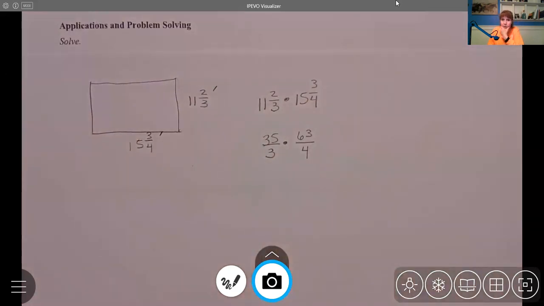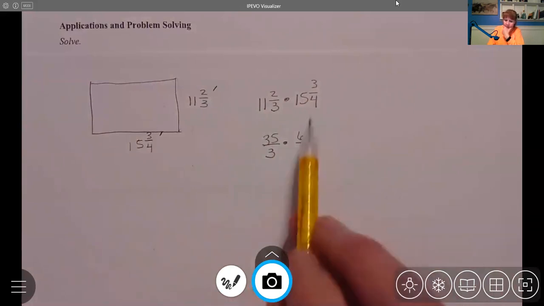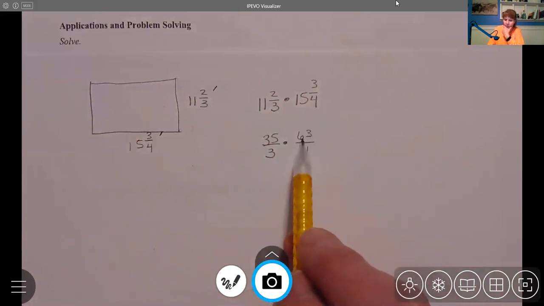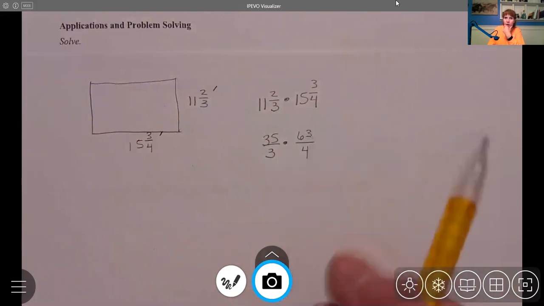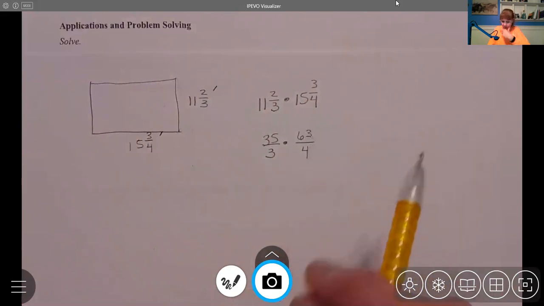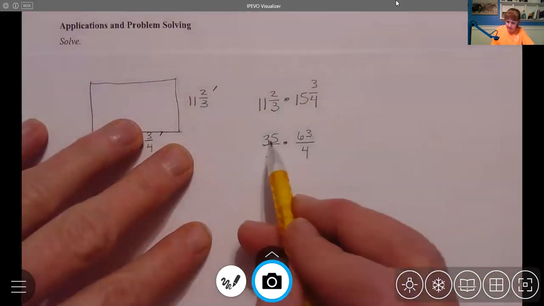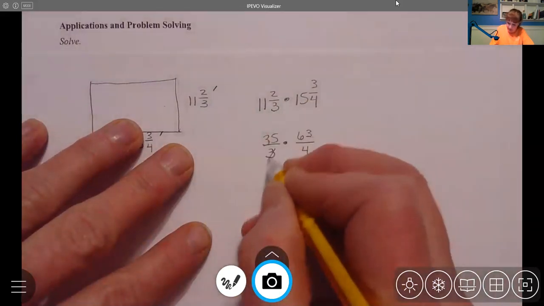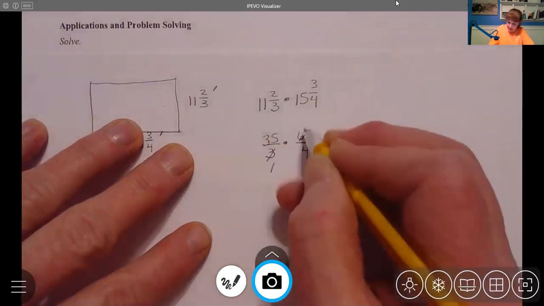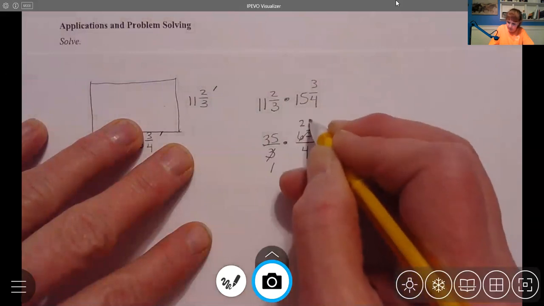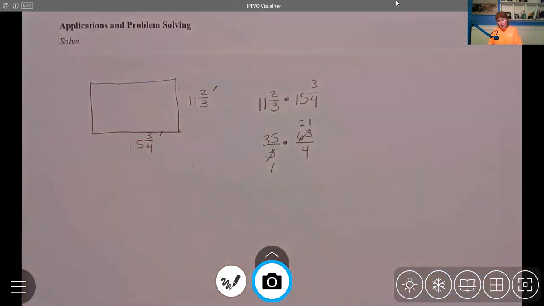Well, I can reduce the 3 and the 63 because the digits of 63 add up to 9, so I know that 3 will go into it. So 3 won't go into that, so we'll just do it into this one. So 3 goes into 3 once. 3 goes into 63, 21 times. All right, that looks about all we're going to be able to do.